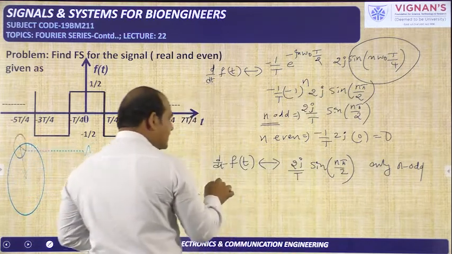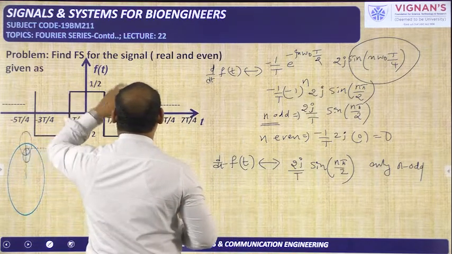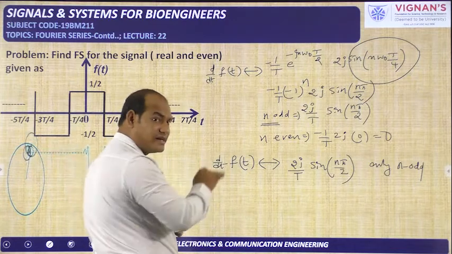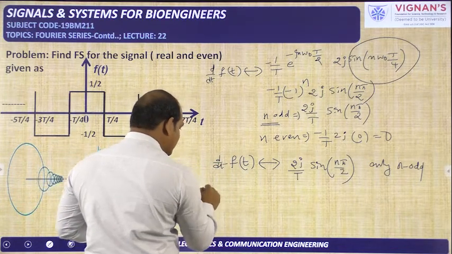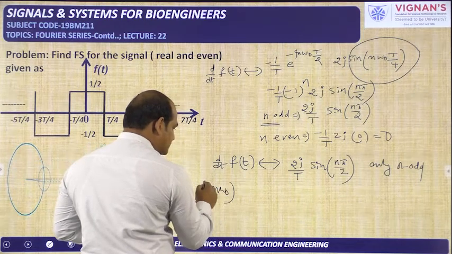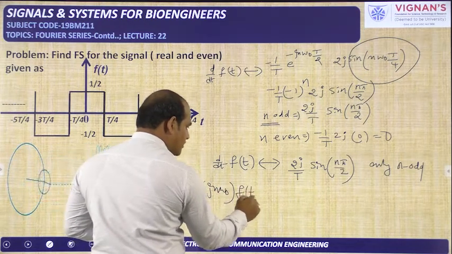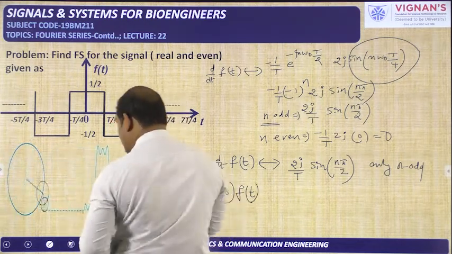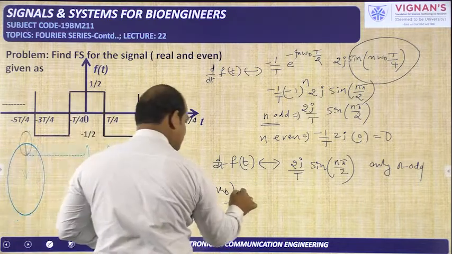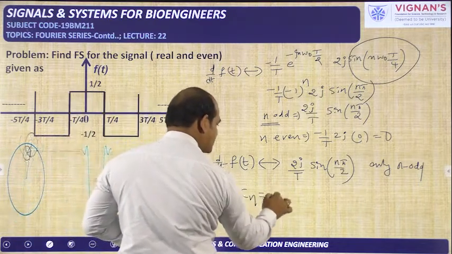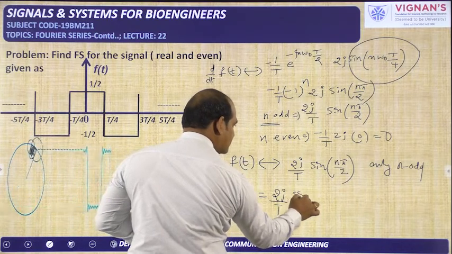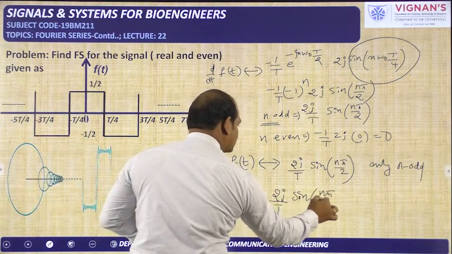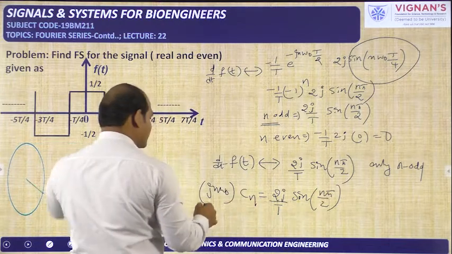But we need the Fourier series coefficient for f of t, not for d by dt of f of t. So because of this d by dt, what we will get is jn omega naught into Cn, not f of t. This is Cn, so it is equal to this entire thing, 2j by T sin n pi by 2. So we need Cn, the coefficient for f of t.